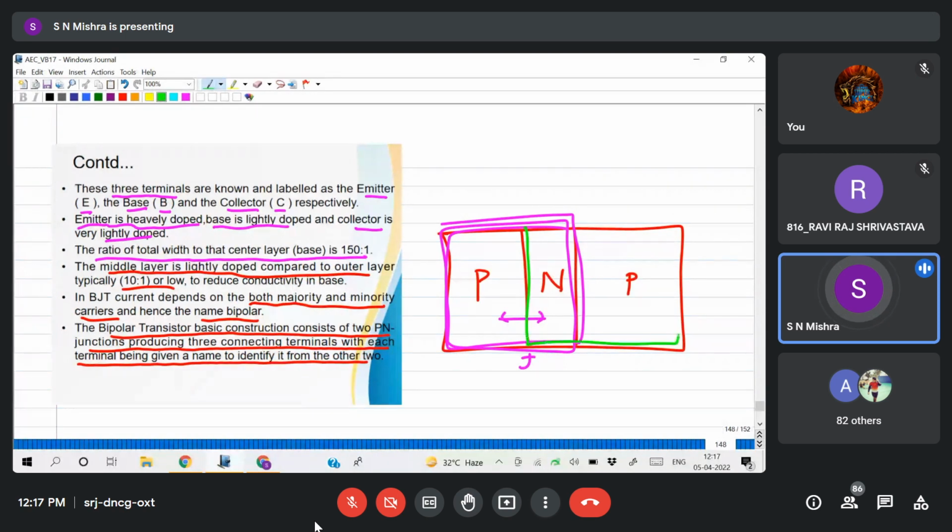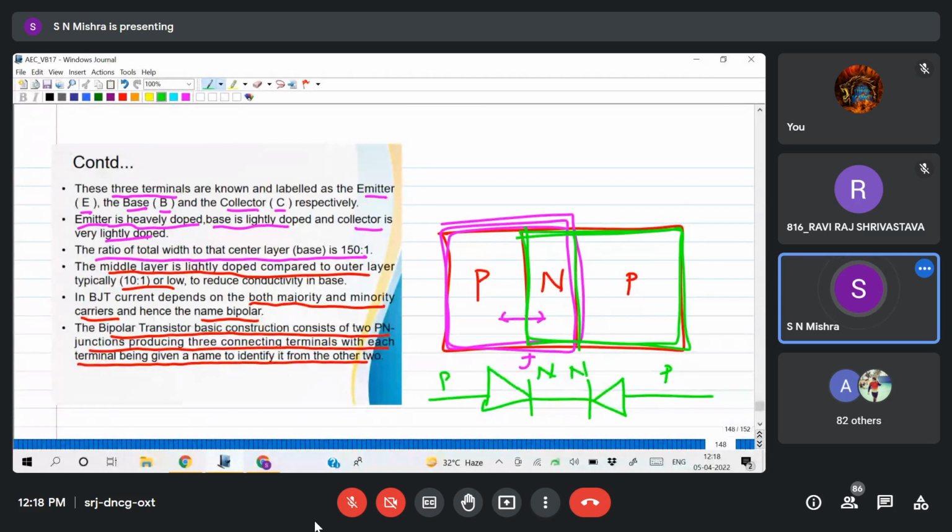Another PN junction is this one. So actually it is two junctions connected back to back. If I represent the same thing here, this is one PN junction, this is P, this is N. Then on the right side, this is P, this is N. So two diodes connected back to back.